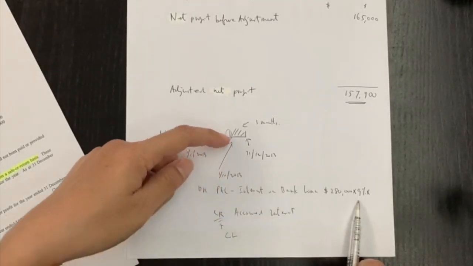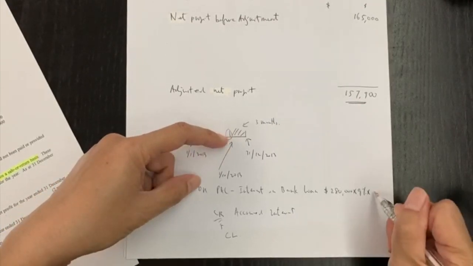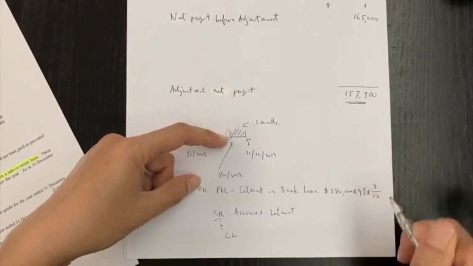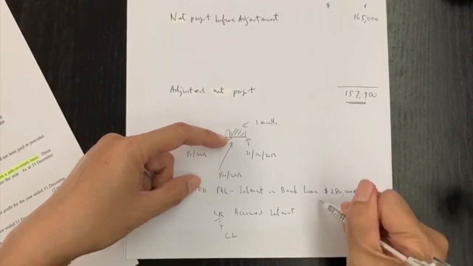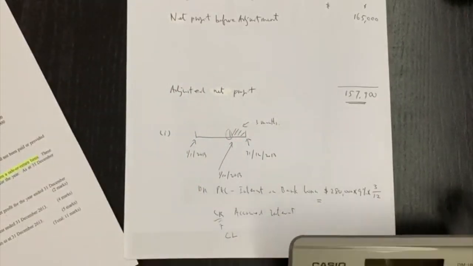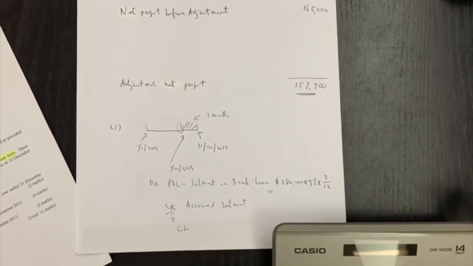Since this is the date that we start to have the bank loan, it only lasts for 12 months, a year, and now there's a 3 on top. So this is the calculation of interest. Let me use a calculator to calculate that. It will be 280,000 times 0.09, and the date is very important, so times 3 divided by 12.